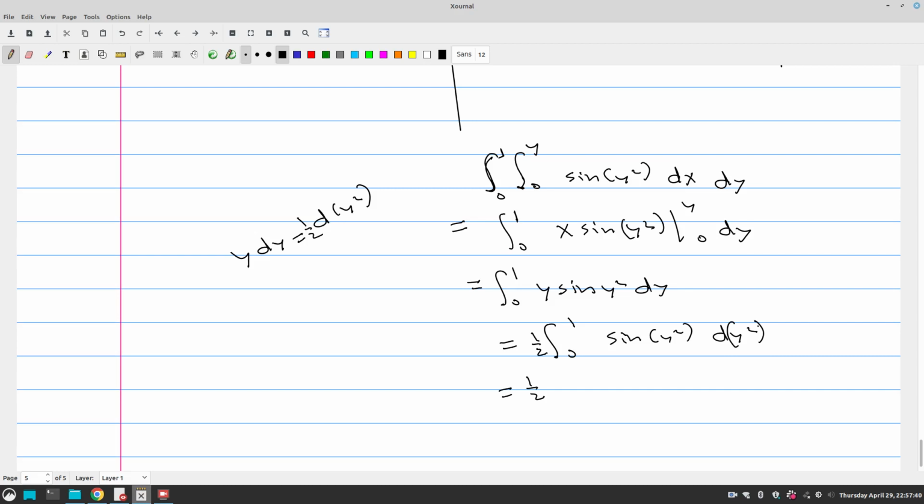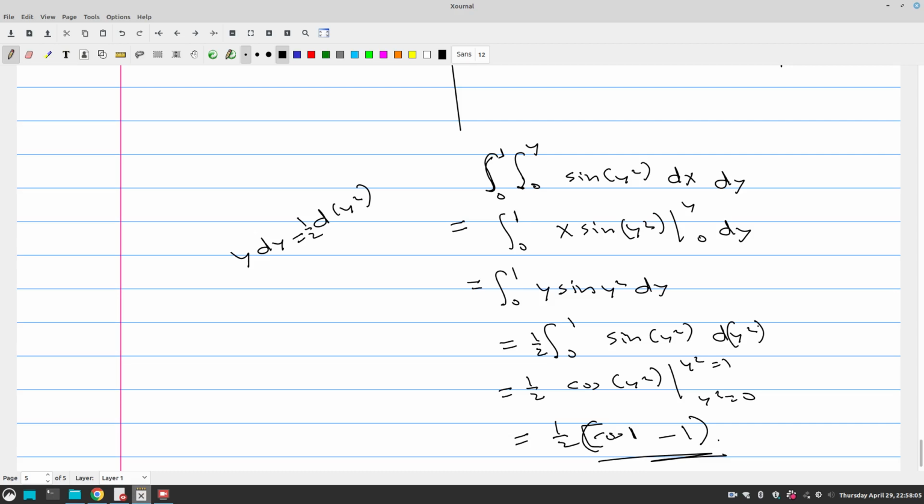So this becomes minus cosine y squared. Since this is the integration variable, you have y squared is equal to 1, y squared is equal to 0. This gives me half cosine 1 minus 1. Right? So look at what we've done.